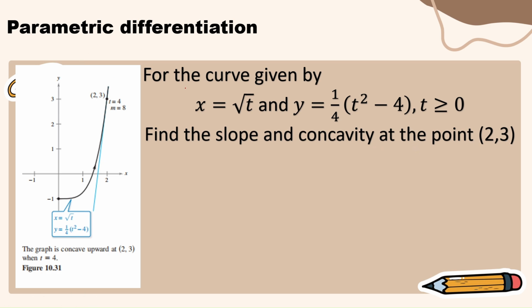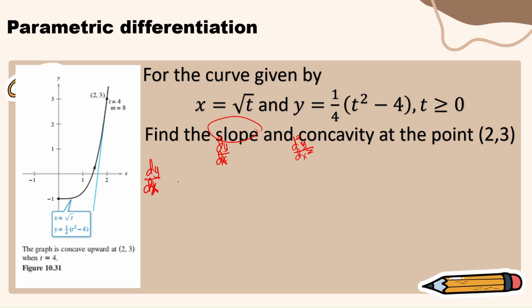So, we all know that slope is dy over dx, while concavity from our previous topic is the second derivative, or d squared y over dx squared. So, start tayo sa pagkuha ng value ng slope, or the dy over dx.